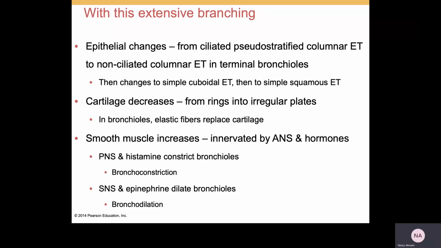And the sympathetic nervous system and epinephrine will dilate bronchioles, bronchodilation. And I got this wrong. This will be the parasympathetic nervous system and histamine. My mistake, I'm sorry. So the parasympathetic nervous system and histamine constrict the bronchioles and cause bronchoconstriction. For bronchodilation, sympathetic nervous system stimulation and epinephrine are going to trigger that.